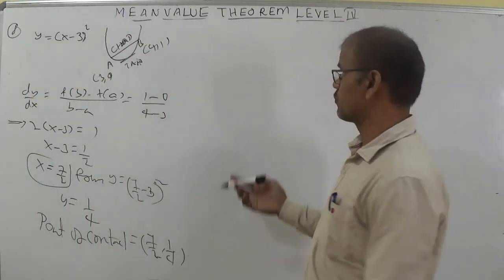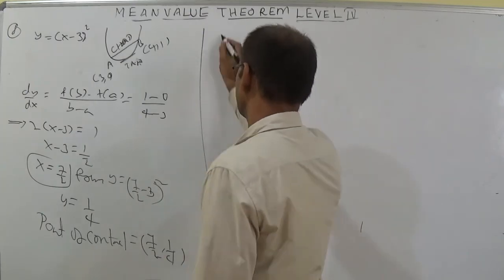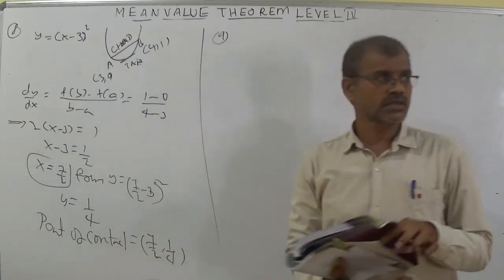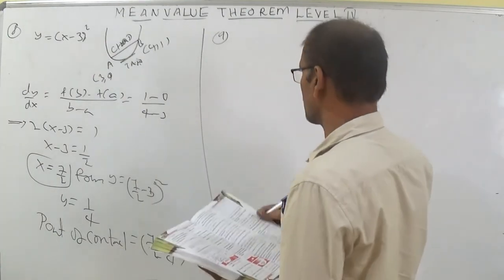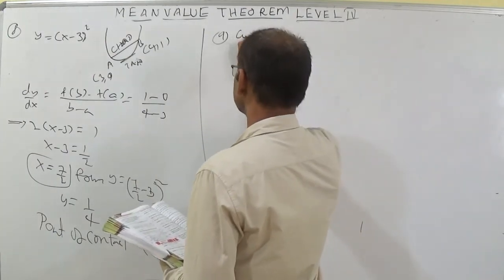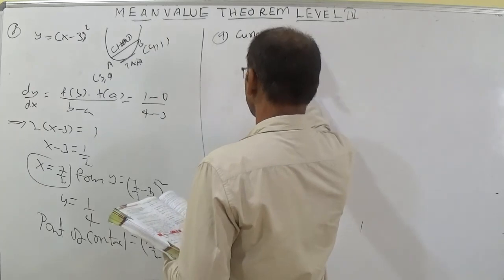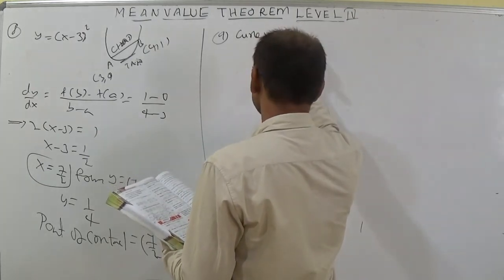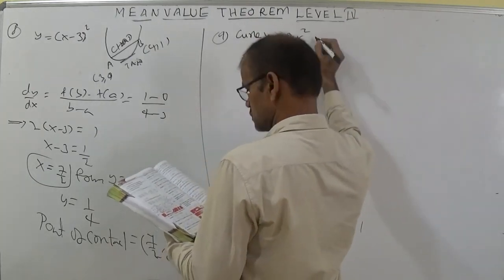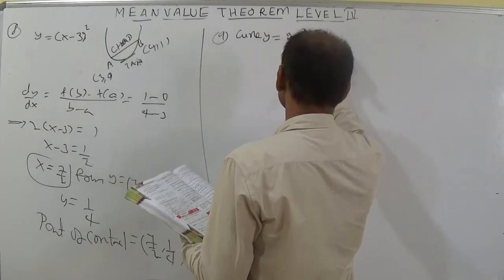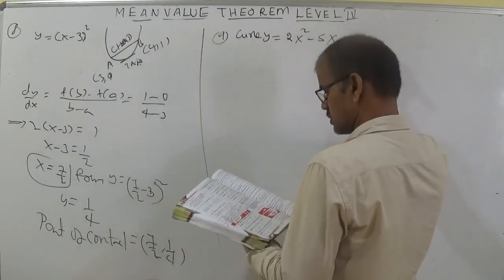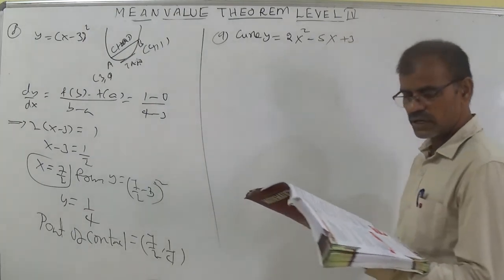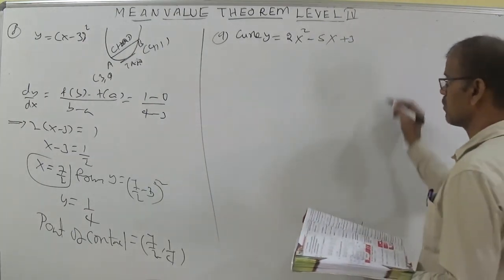Last question of level 4. Using mean value theorem, a point on the curve. There is a print mistake. Correct the question: y is equal to 2x square, students, it is not 2x cube. y is equal to 2x square minus 5x plus 3, between the points a 1 comma 0 and b 2 comma 1.